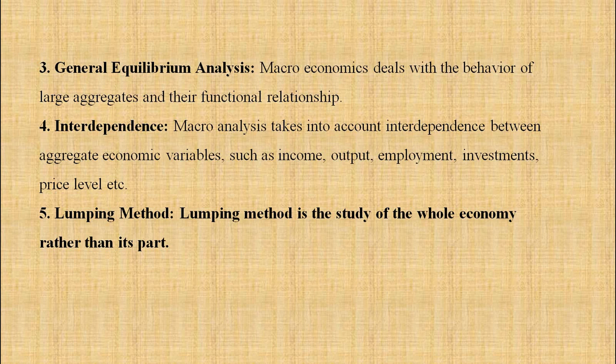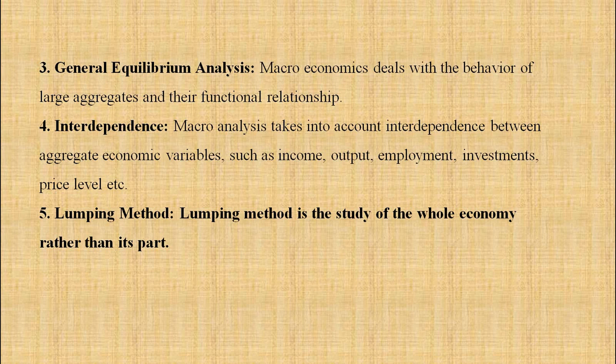Next, interdependence. Macroeconomics takes into account interdependence between aggregate variables such as income, output, employment, investment, price level, etc. See what is happening when there is a change in the level of investment.